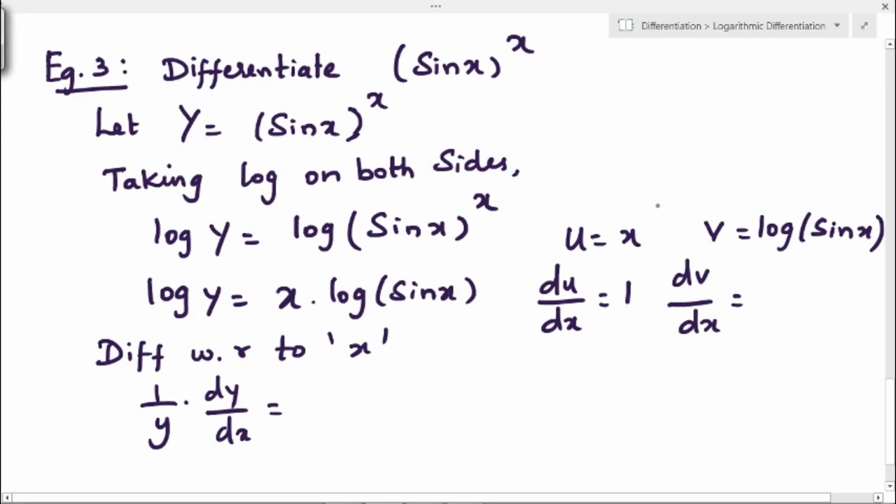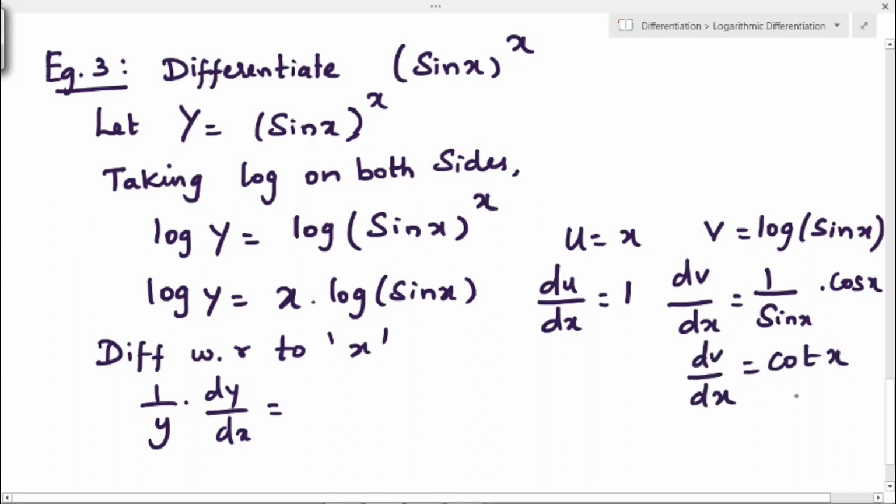So log of sin x is 1 by sin x into sin x differentiation is cos x, correct? So first we have to differentiate for log. So log of sin x, that is 1 by sin x, and sin x differentiation is cos x. So this is cos x by sin x, that is nothing but cot x. So dv by dx value is cot x.